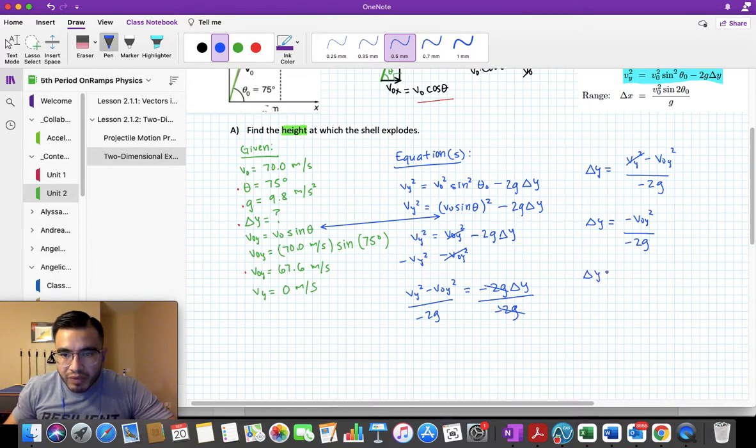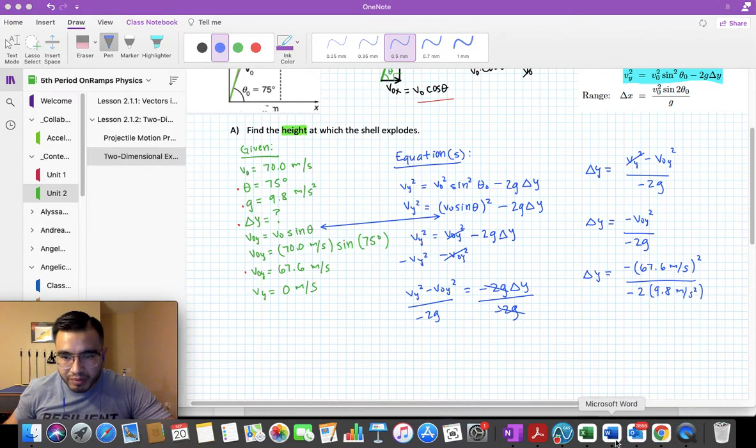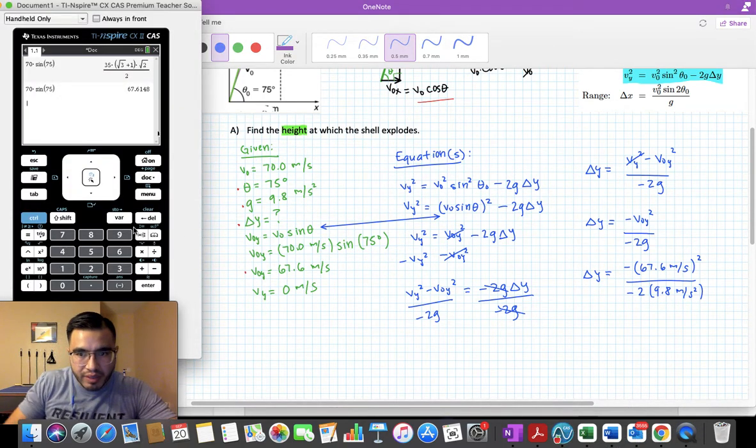Be very careful with the negative here. Leave it outside the parentheses: (67.6 meters per second) squared divided by negative 2 times 9.8 meters per second squared. So these two negatives are going to cancel. I'm still going to include them so you can see, right?